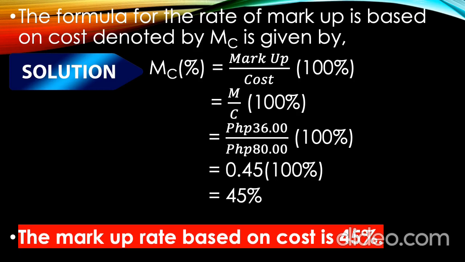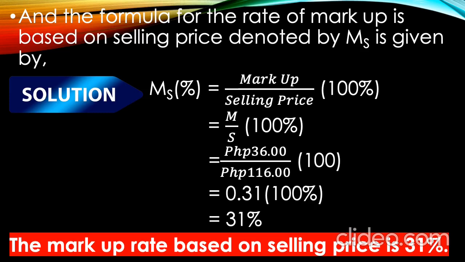Okay, so we have two types of markup. We have markup based on cost and markup based on the selling price. The formula for the rate of markup based on selling price, denoted by M sub S, is given by this formula.